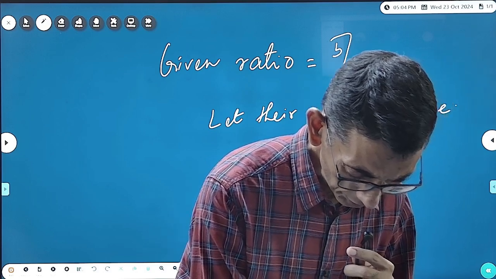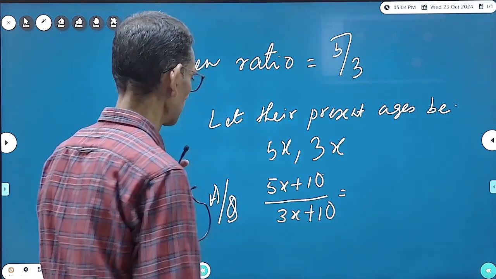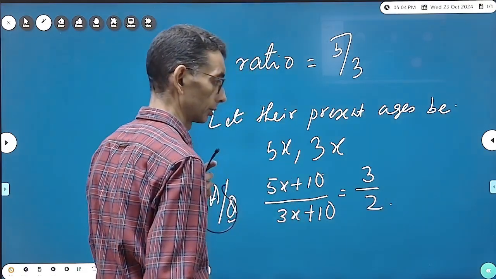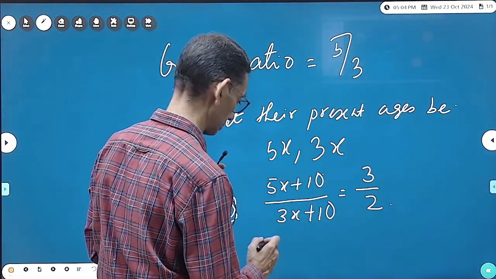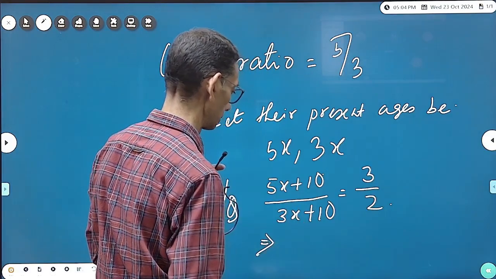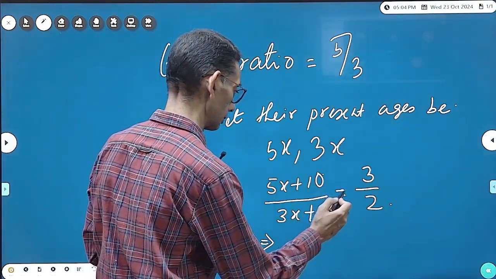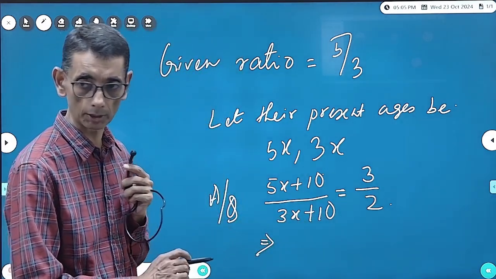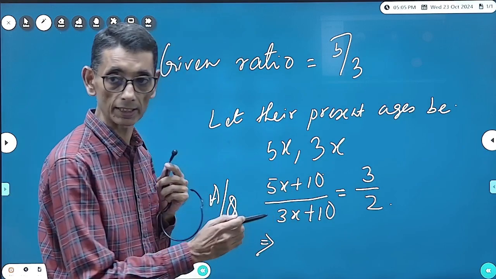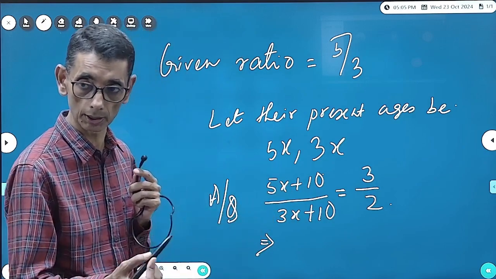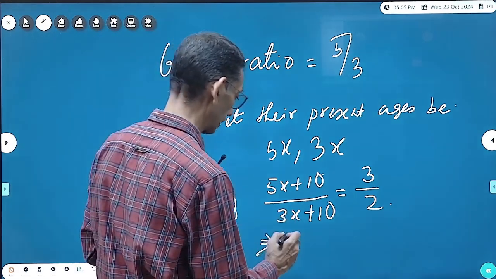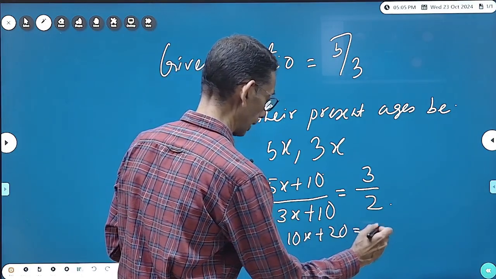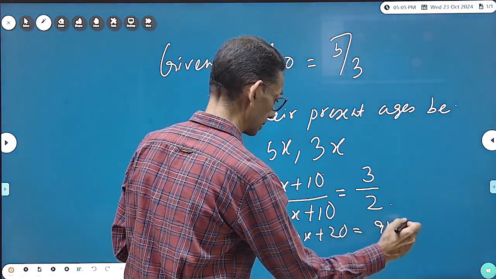The ratio would be 3:2, that is 3/2. You could follow the question. Now solve it. Cross multiplying, 10x plus 20, 9x plus 30.